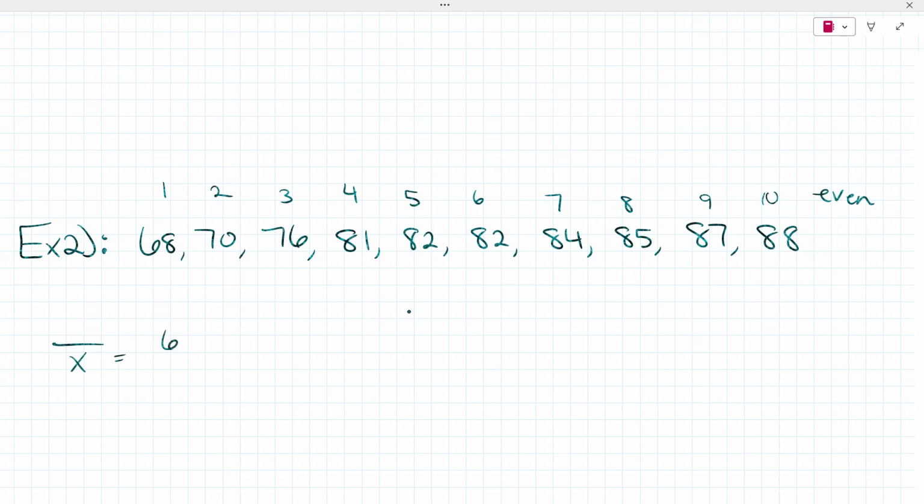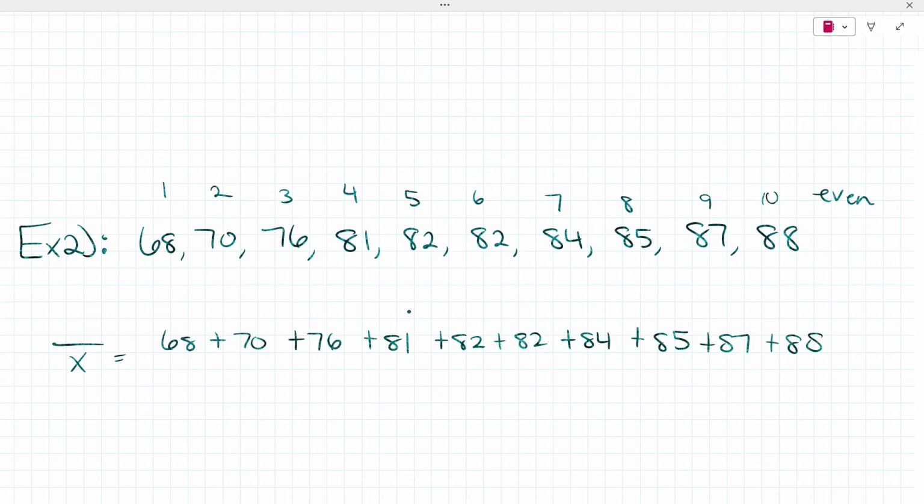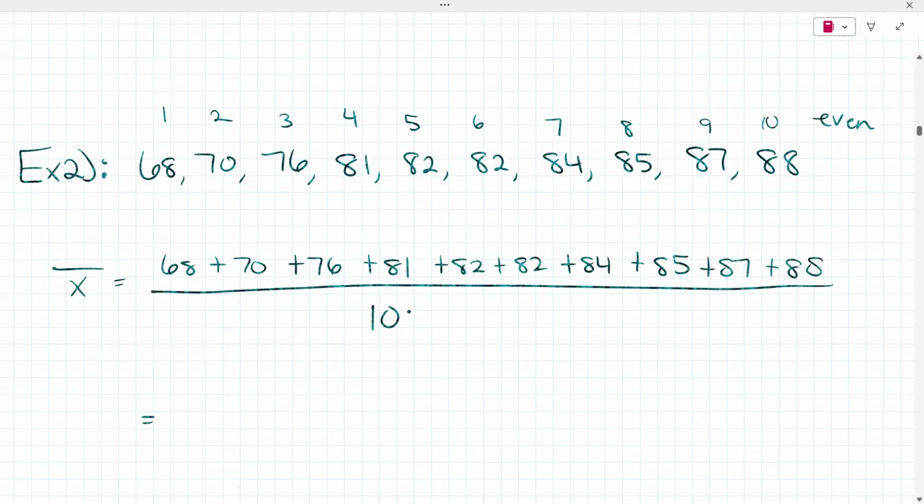You add up all the numbers, all over 10. So that's going to be 803 divided by 10, which is 80.3.